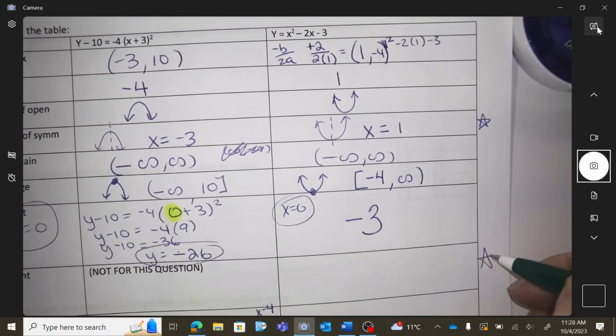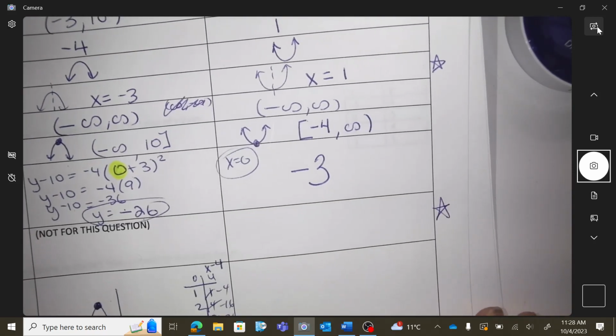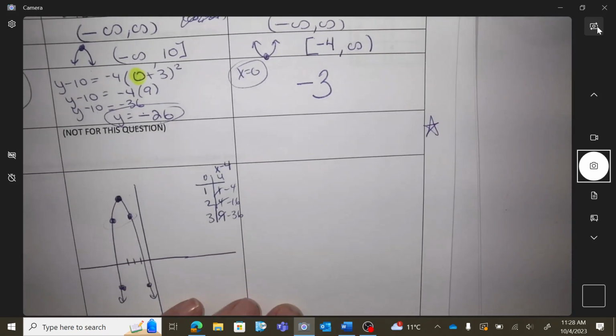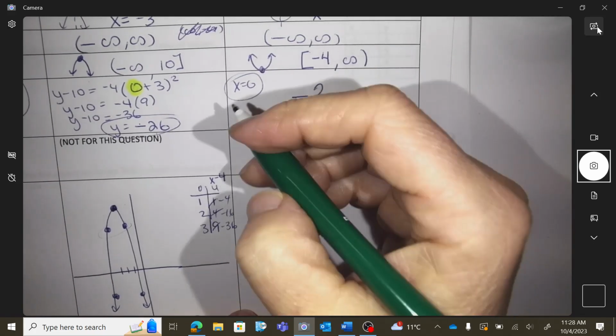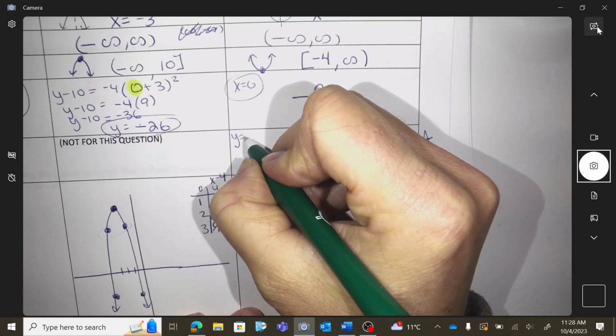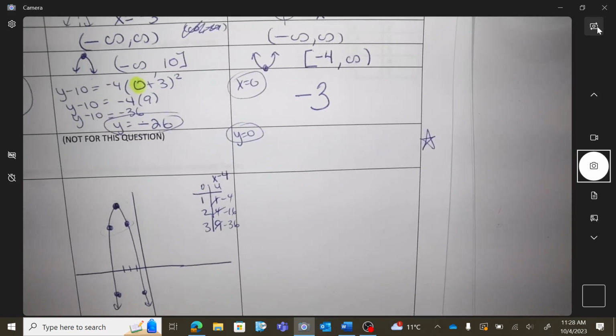Okay, x-intercepts. This is a one that's kind of a forgotten one on the test. How do we find x-intercepts? So the idea would be, well, what if y was 0? That's the idea.